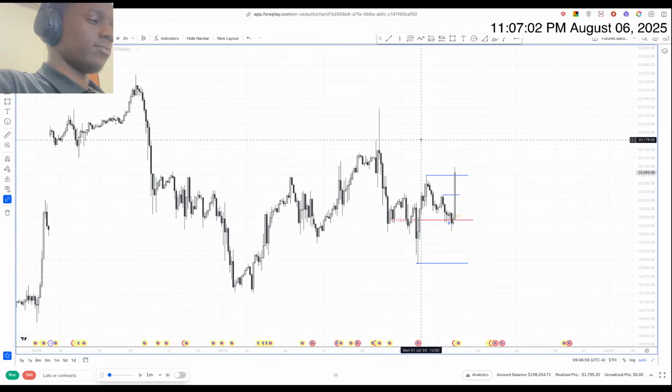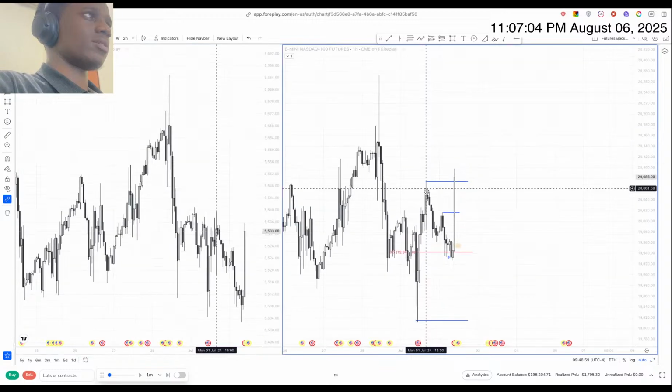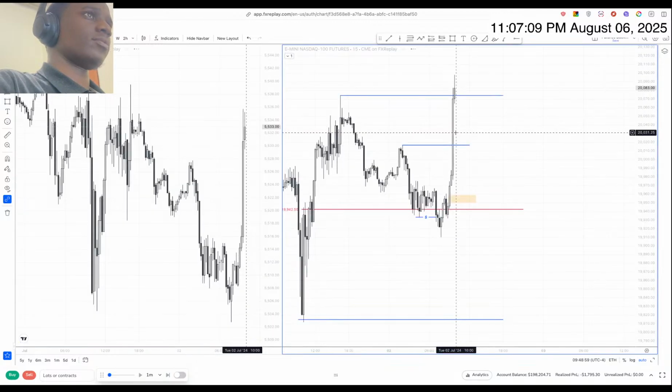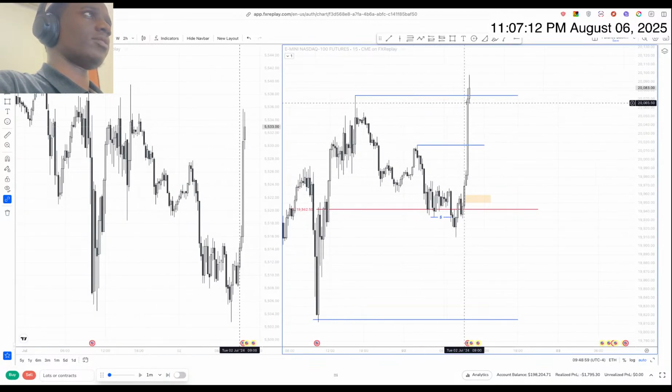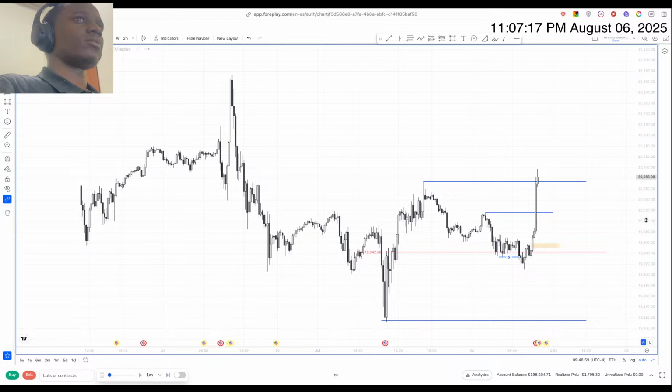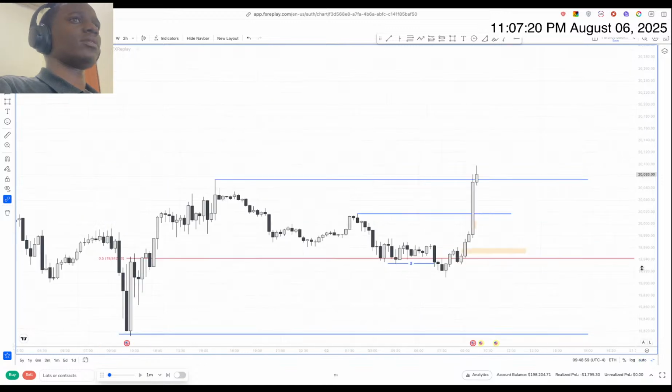And how's ES? So ES is still putting in SMT on the 15. Can't see how it's looking there. So it's also possible that this day might turn out bullish.